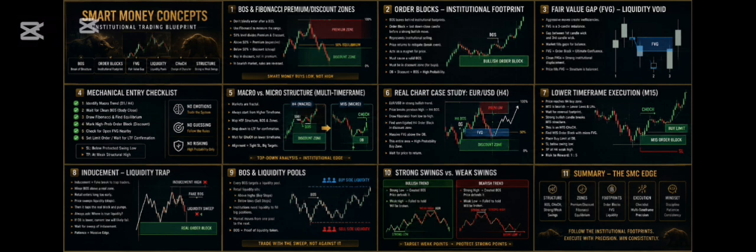This down close candle represents institutional selling before they heavily pumped the market upward. They must mitigate or break even on those selling positions when price returns down. Therefore, that specific candle acts as a powerful magnet for future price retracement.